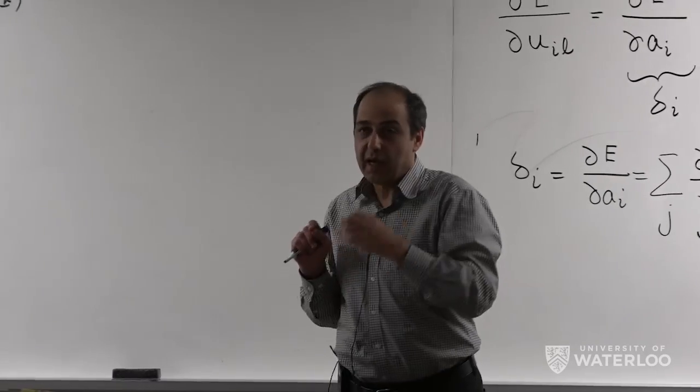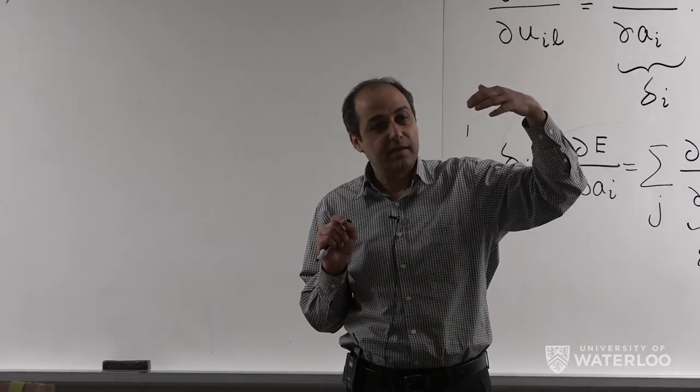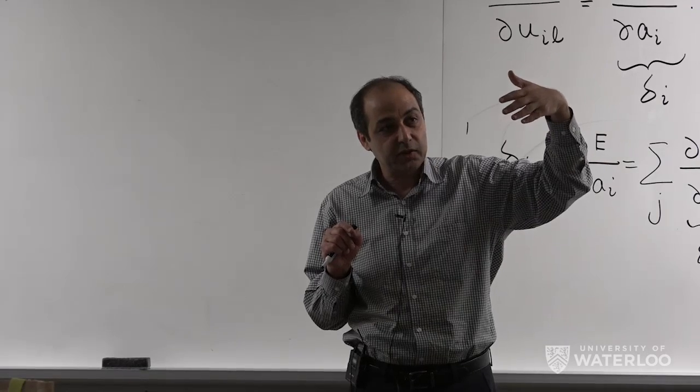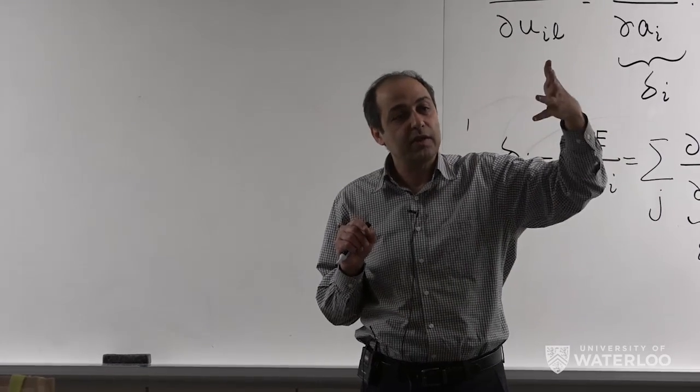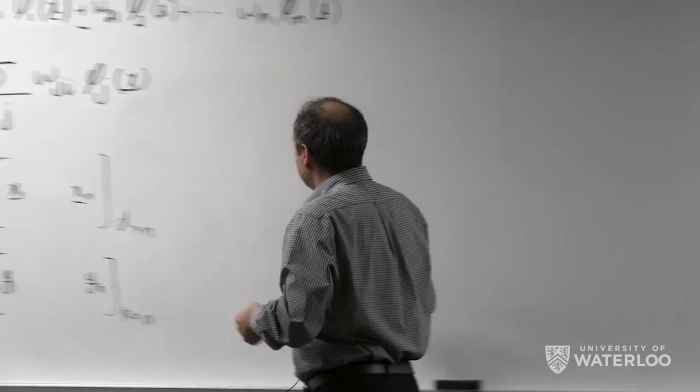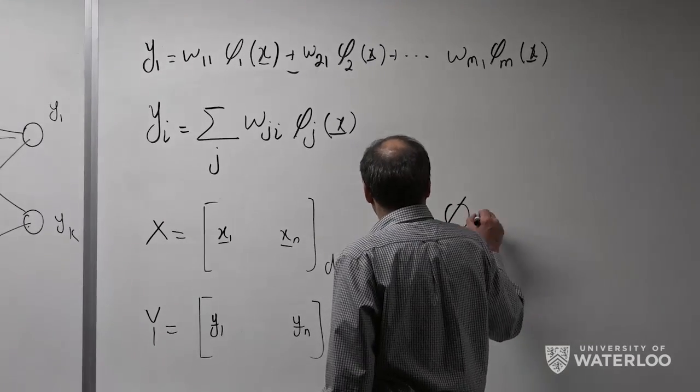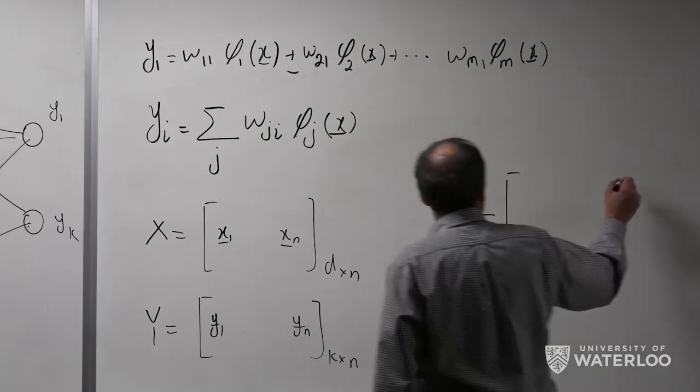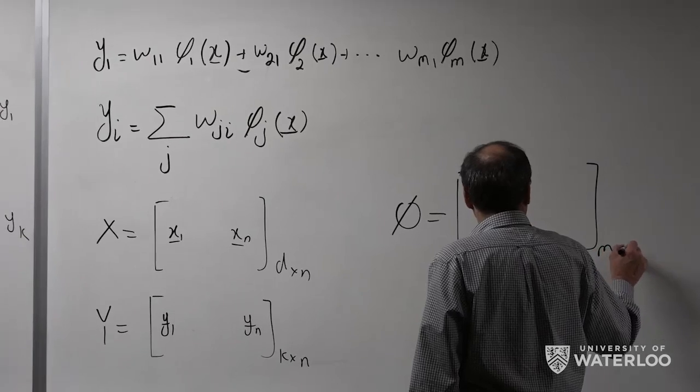So in total I have m times n numbers as the output of these functions applied to all data points. So let me define a matrix Phi, which is m by n.